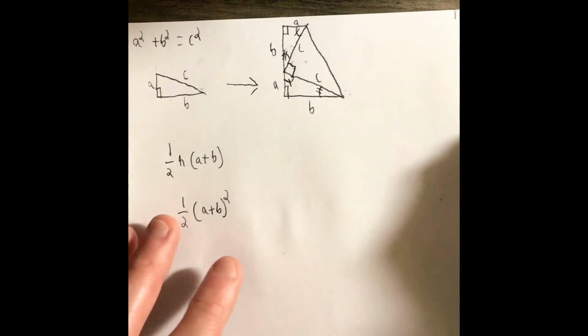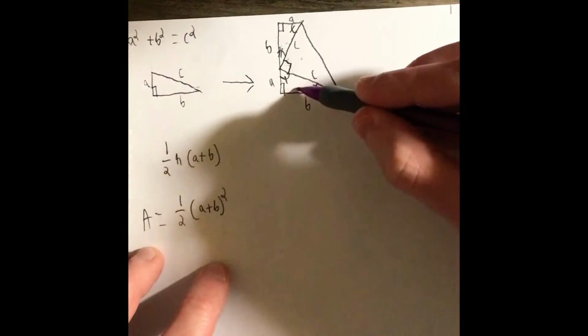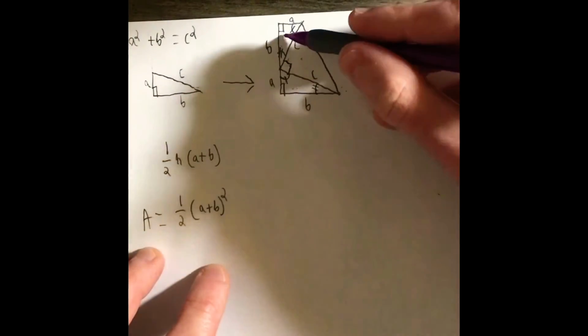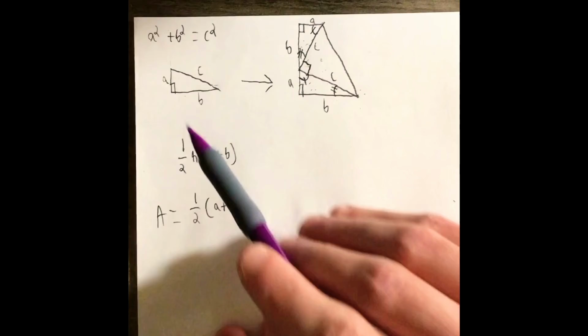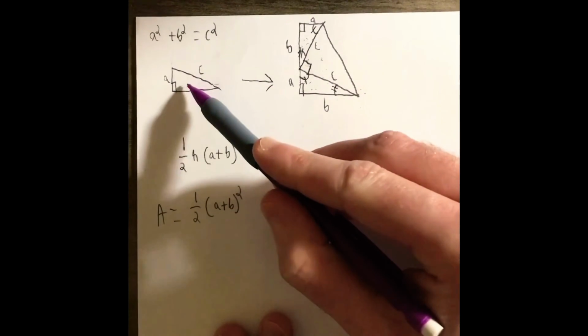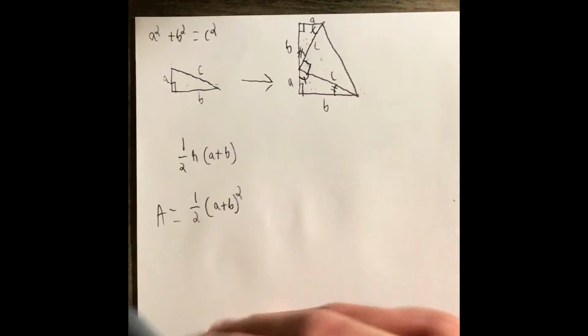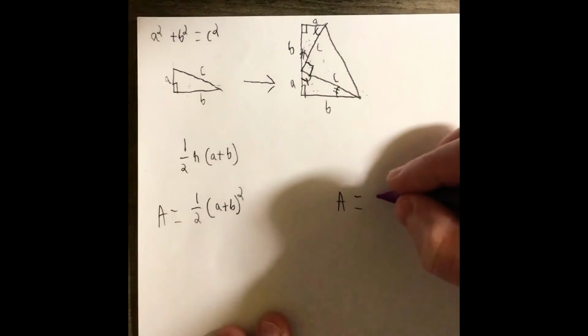Okay, so he said, all right, that's one way you can calculate the area. The other way is you can add up the area of all these inner triangles. So first of all, since these two triangles right here are the same, you pretty much just want to calculate the area of this triangle and multiply it by 2. So that is 1/2 base times height.